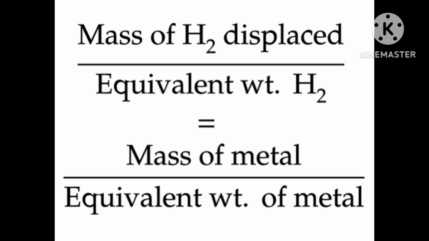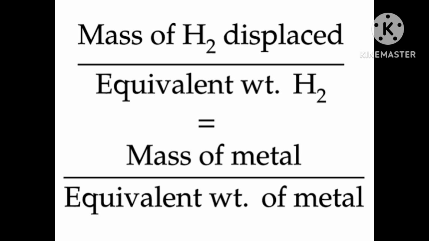Equivalent weight of the metal is the weight of the metal which displaces 1.008 gram of H2 or 11,200 cc of H2 at STP. One is in terms of gram, meaning mass, and the other is in terms of volume.